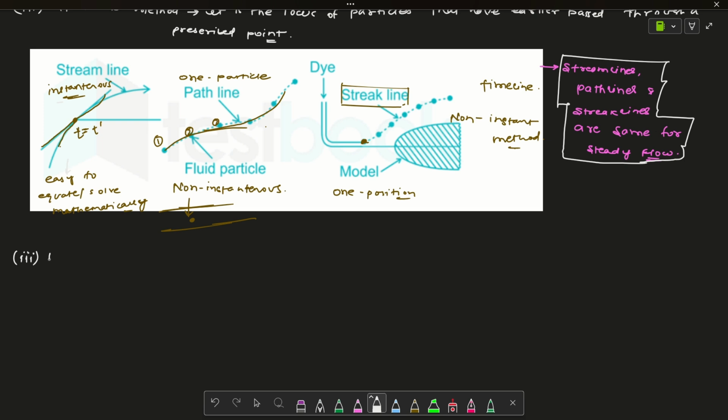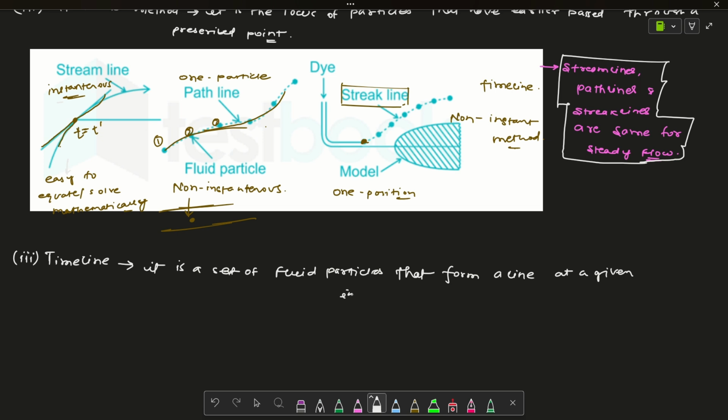And the fourth method is known as the timeline. In this technique, it is a set of fluid particles that form a line at a given instant.